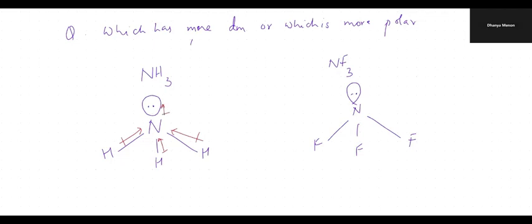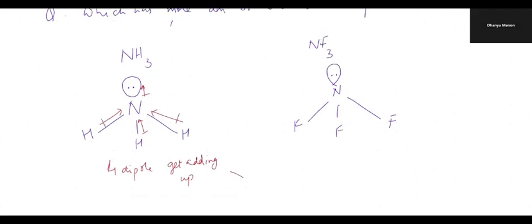Okay, there are four dipoles adding up. Why? They are in the same direction. In case of NF3, fluorine is more electronegative, so this is the direction. All the dipoles are in the opposite direction. So what about the net dipole?